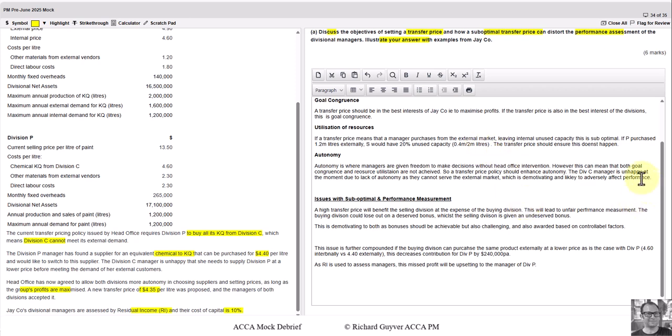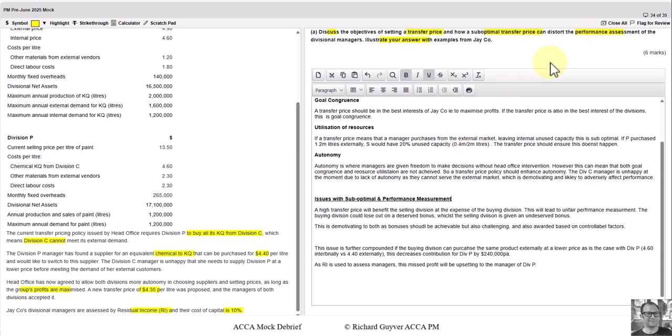Often I see people write it's demotivating, but they don't take it further. What is the problem with demotivated staff? They could leave, or like I've said here, it could affect performance adversely. I think it's better to finish it off, just take it right to its end point of the impact on the organisation.